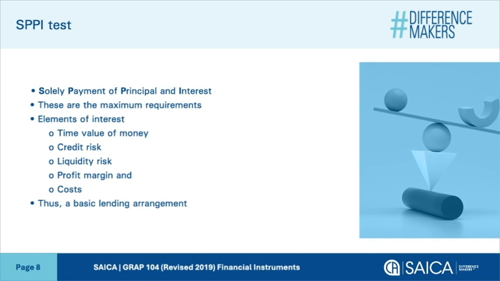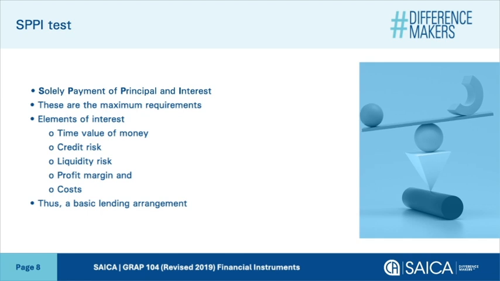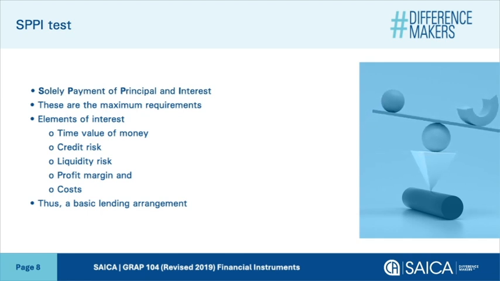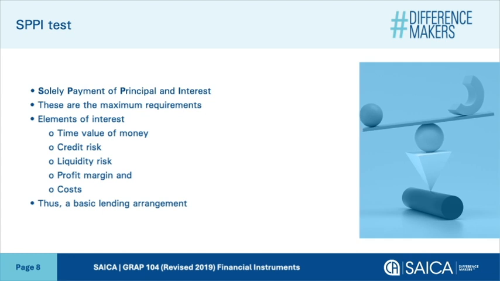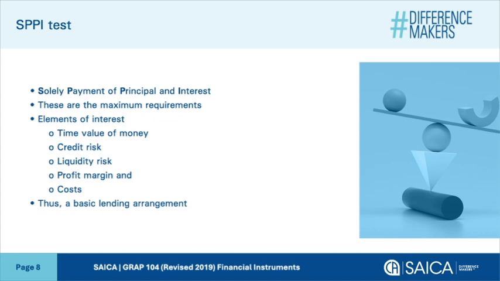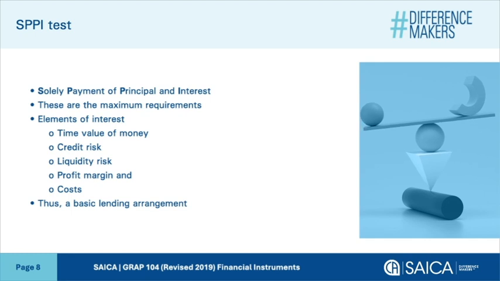Interest on the principal amount with time value for money, credit risk, liquidity risk, profit margin, and costs. Contractual cash flows meet the SPPI test when the principal amounts outstanding are consistent with a basic lending arrangement. In a basic lending arrangement, consideration for the time value of money and credit risk are typically the most significant elements of interest.